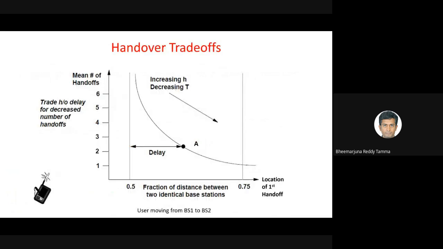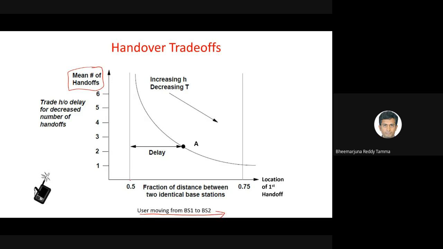So let's look at the trade-offs involved when you are designing handover algorithms by varying the hysteresis margin and the timers. Here the y-axis is the average number of handovers. And the x-axis is the case where the user is moving from base station 1 to base station 2.